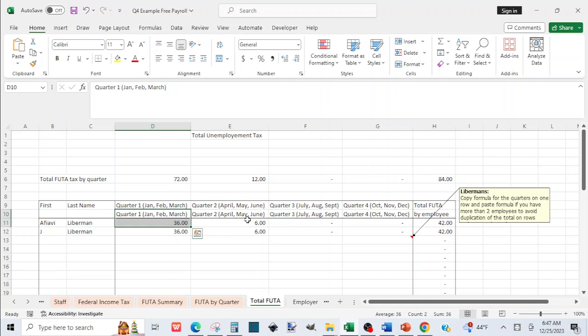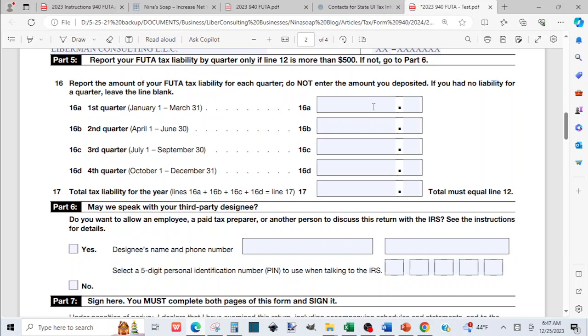In this instance though, our total is less than 500, so we do not need to complete it, but I'm going to complete it just to show you how it would be completed in this example. If we were required to complete it, our quarter 1 will be 72, our quarter 2 will be 12, and our quarter 3 and 4 will remain blank. And then the total should match your line 12.